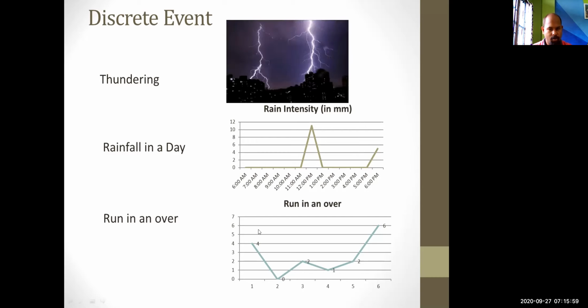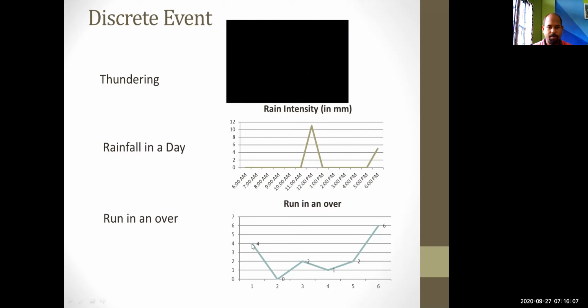Runs in an over, if you consider the cricket match, then in an over, suppose the first ball scored 4 runs, then second ball no run, third ball 2 runs, fourth ball 1 run, fifth ball 2 runs, sixth ball a big 6.